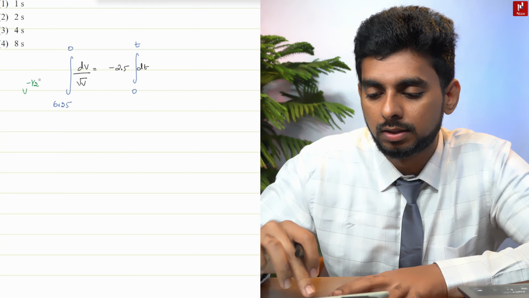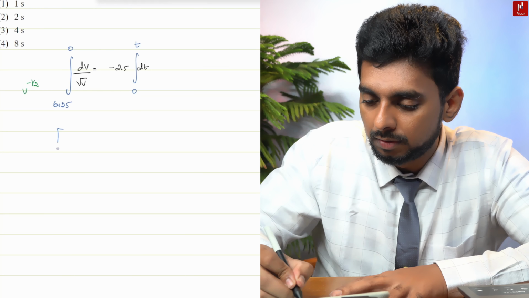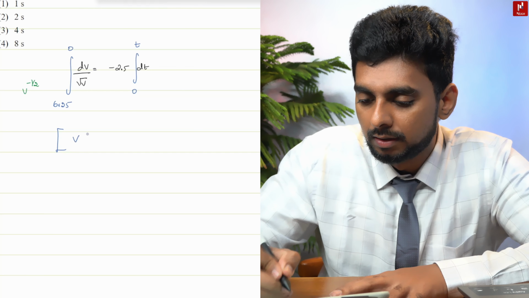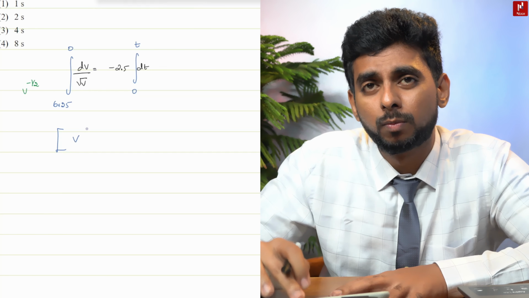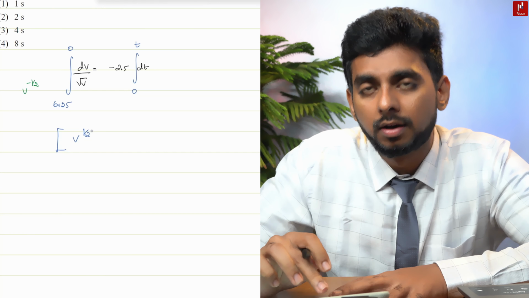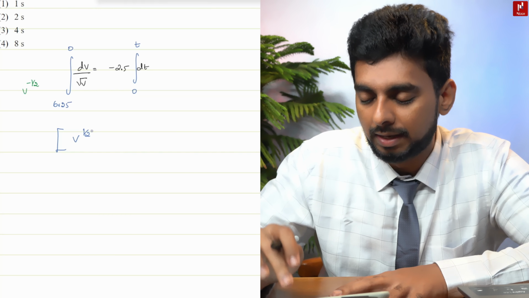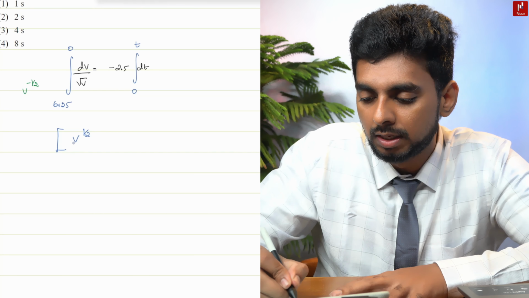So what is it going to be for x power n plus 1? So v, let me put the bracket over here. That's going to be v power minus 1 by 2 plus 1. So minus 1 by 2 plus 1 will give you half, divided by n plus 1, right? So that half will be in the denominator.